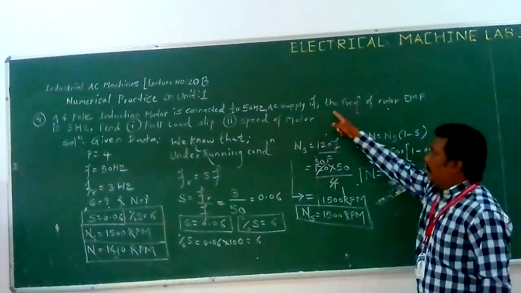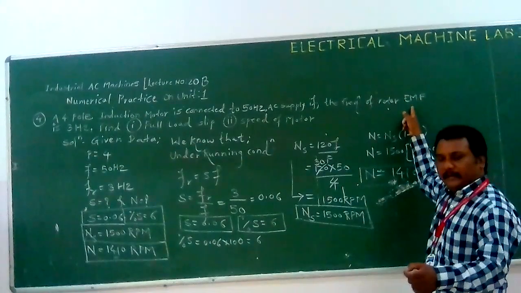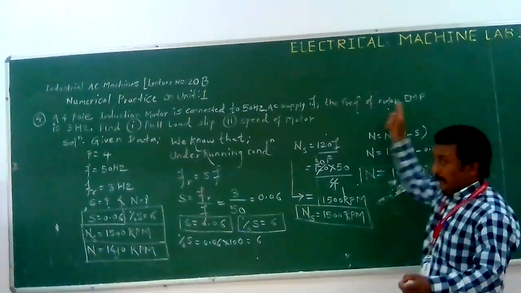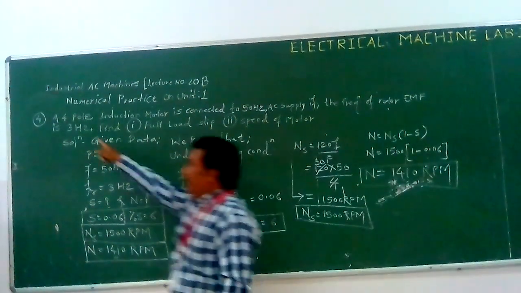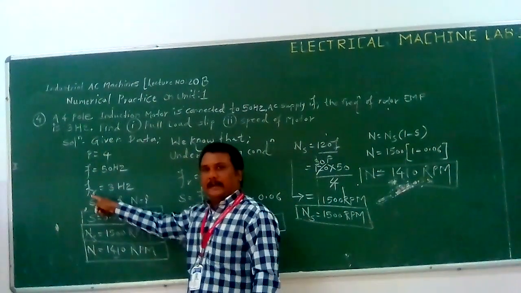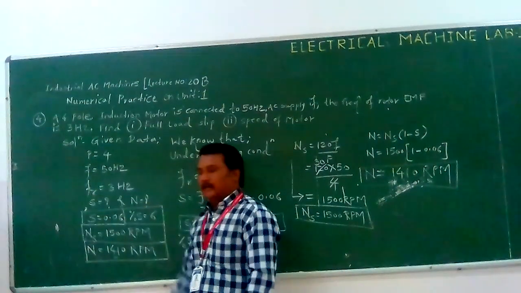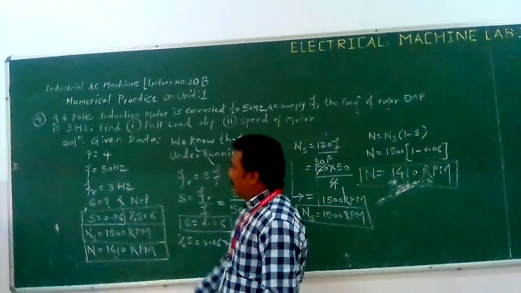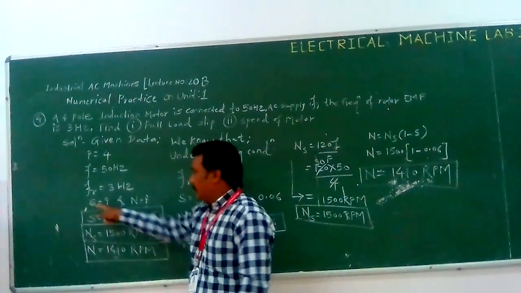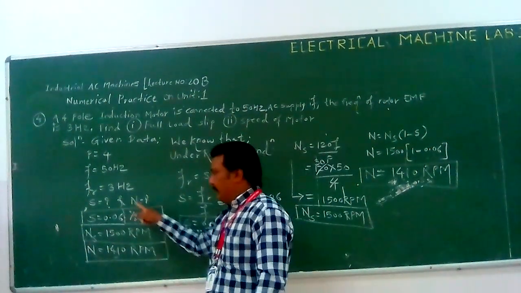If the frequency of rotor EMF is given, it is 3 Hz, represented by the frequency of rotor induced EMF or rotor induced current, and it is 3 Hz. Now we have to calculate the full load slip, meaning S, and the speed of the motor, meaning the actual speed of the rotor, N.